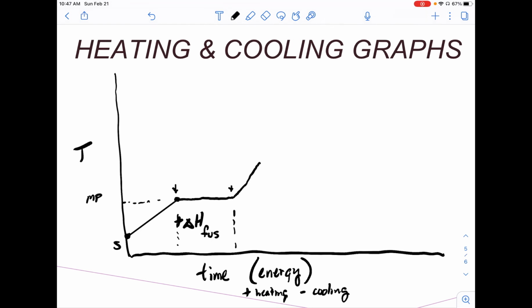It's going to reach a point where it begins to vaporize, and we would expect that plateau, assuming we're heating at the same rate on the same hot plate, to be a bit longer of a plateau, and then this temperature at which that occurs would be the boiling point. And once it's fully a gas, if you could somehow capture and heat that gas, you could continue to heat it. And eventually, you could probably heat it to a point that it starts to ionize and it would have plasma, but we won't go there.